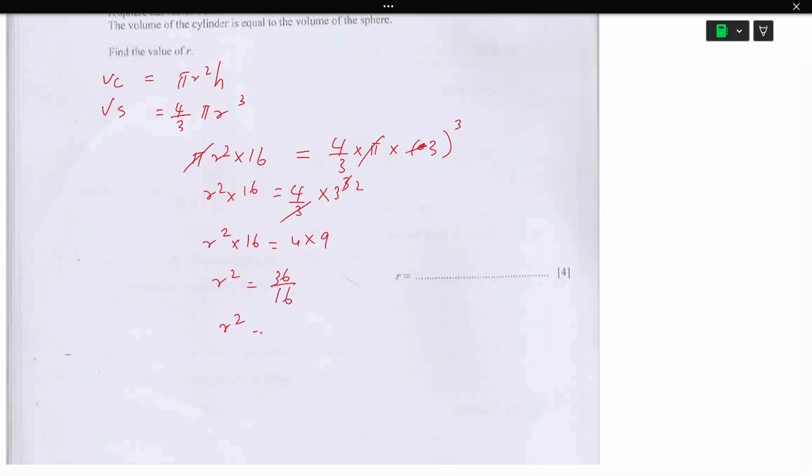We can simplify, 4 times 9 over 4 times 4, so r square is 9 over 4. So r equals square root of 9 over 4, r equals 3 by 2. So the answer is 3 by 2 or 1.5.